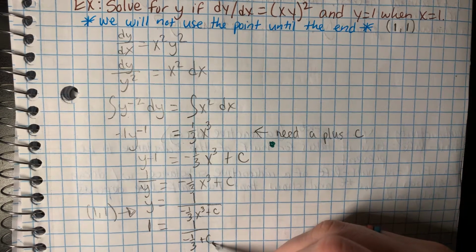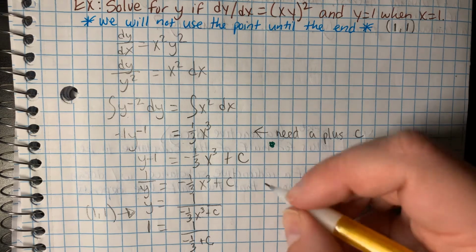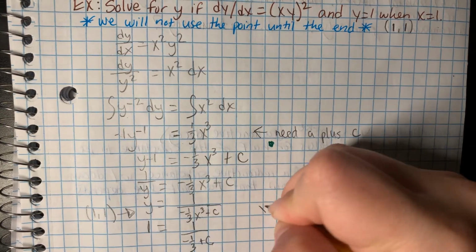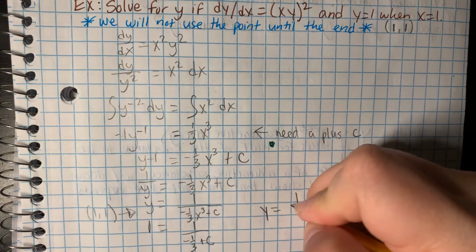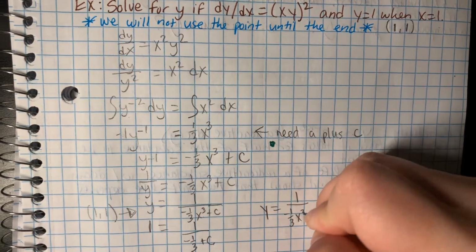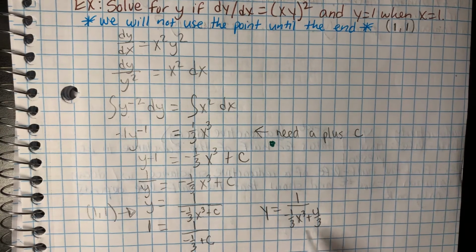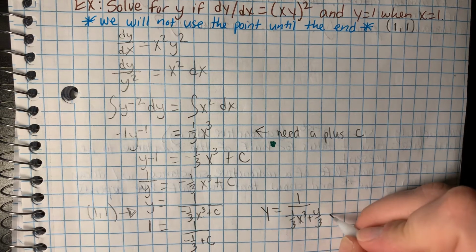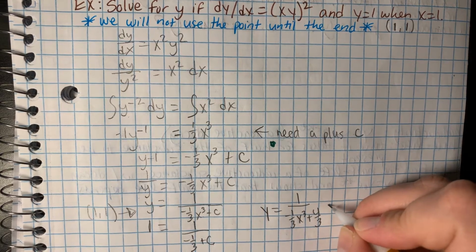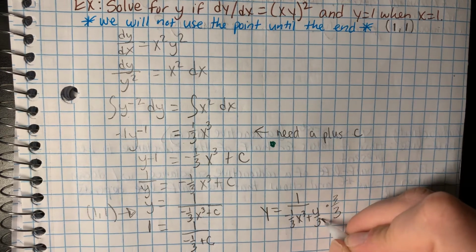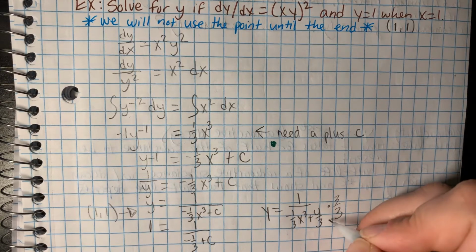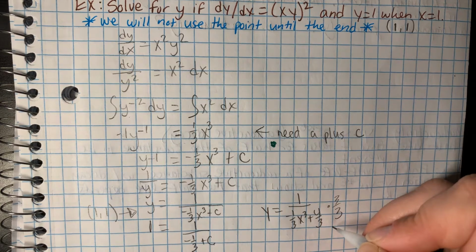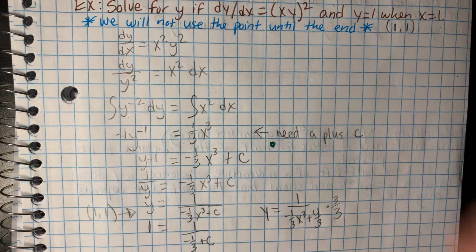So we'll plug that back into our equation right here. We will have y equals 1 over negative 1/3 x to the third plus 4/3. We don't usually want a fraction in the denominator, so if we multiply the whole thing by 3 over 3, we'll be able to get rid of those denominators.